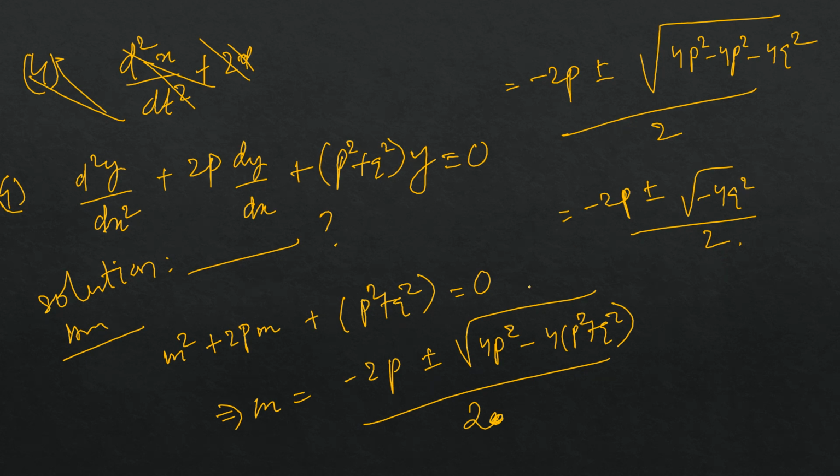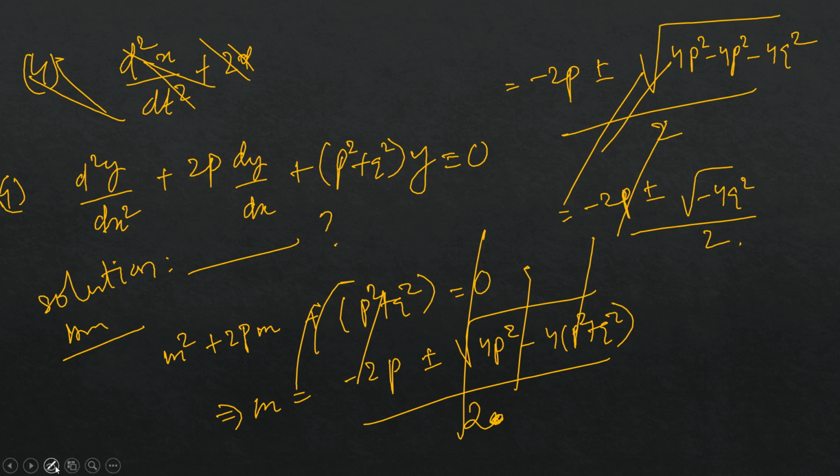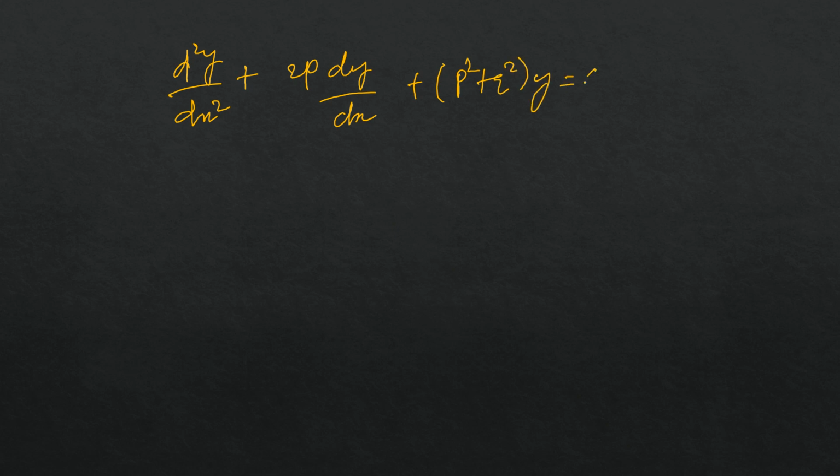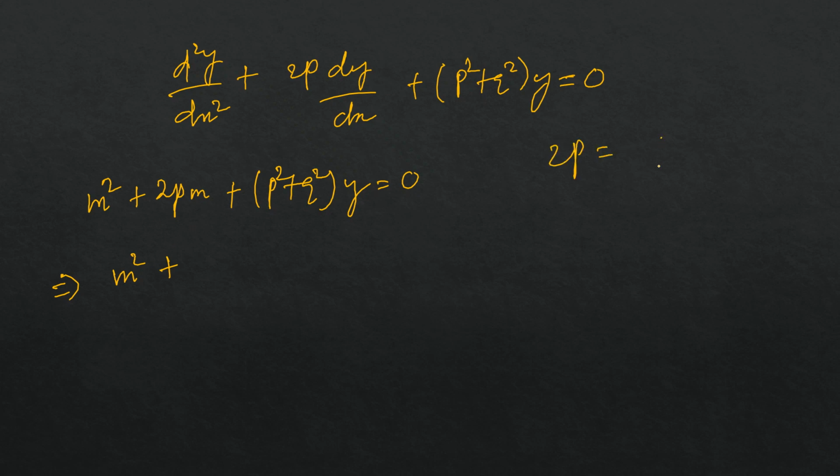Otherwise, we can do one thing. If this way is not correct, then let me write the equation d square y by dx square plus 2p dy by dx plus p square plus q square y is equal to 0. m square plus 2pm plus p square plus q square is equal to 0. m square plus, I can write 2p as p plus q plus... but that is not going to give me p square plus q square.